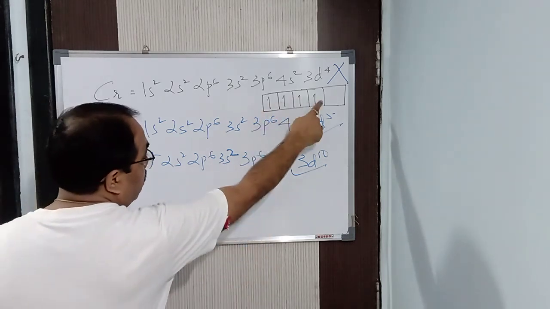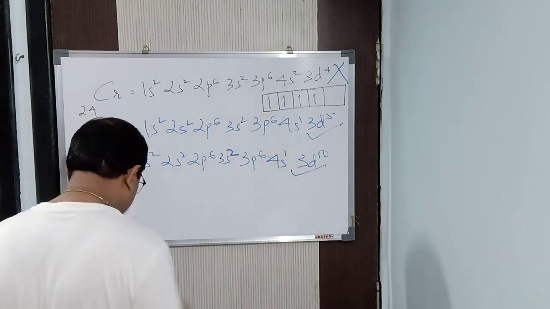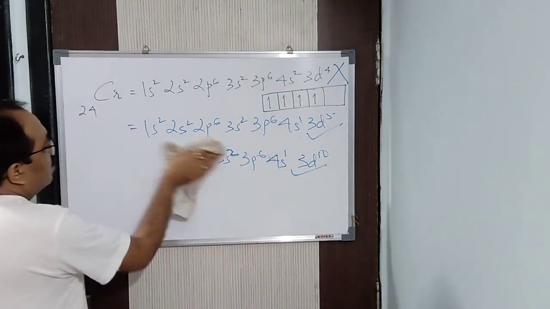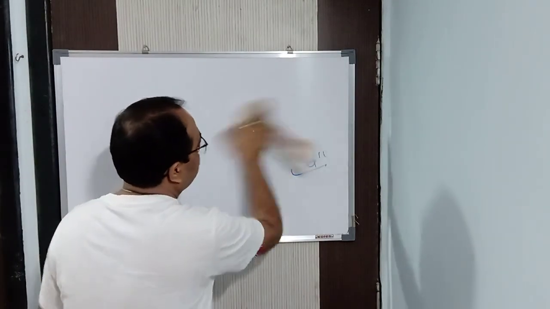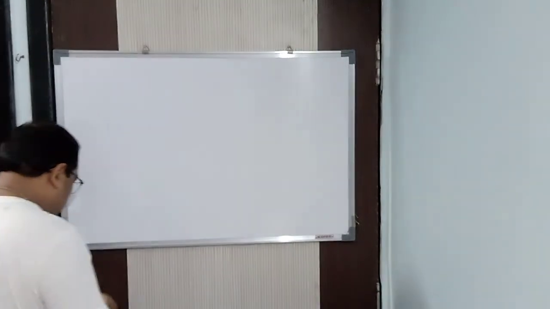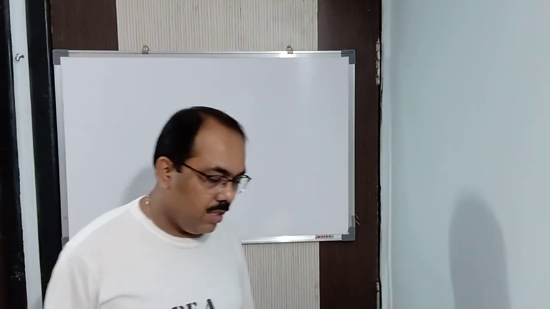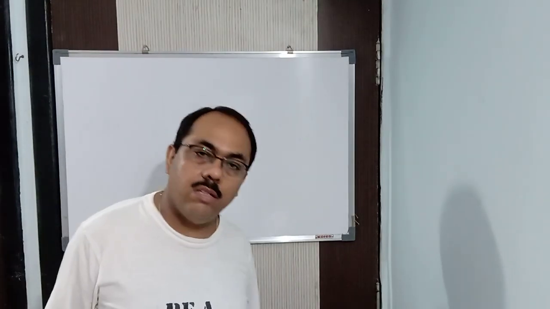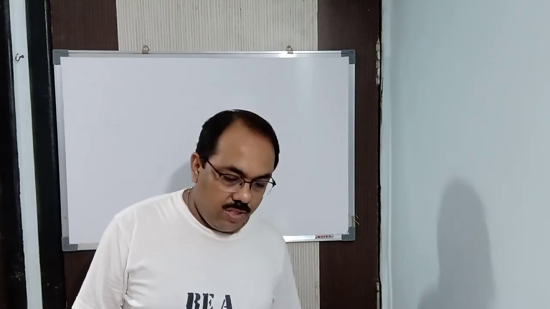Because why is it not stable? I've said it: because it is not stable due to symmetry. Clear? So in this way, you understood how to write the electronic configuration of an atom and also some exceptional electronic configurations, and the reasons behind why we write it this way. Alright, next we'll see some questions.